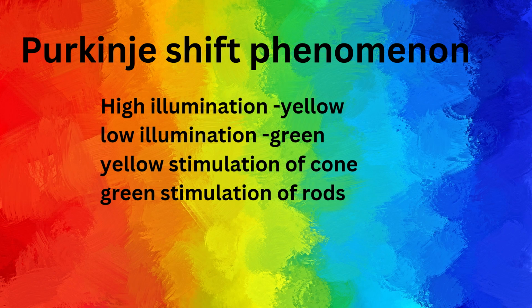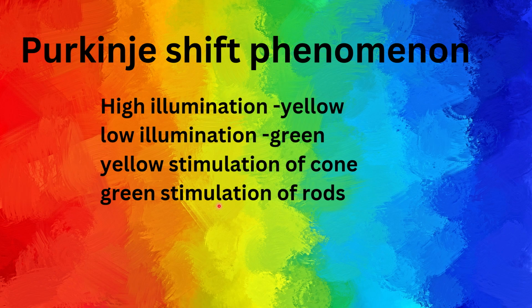When the colors are viewed at high illumination, the brightest part of the spectrum is the yellow color. This is the visible spectrum. The brightest part of the spectrum is shifted to the left side.